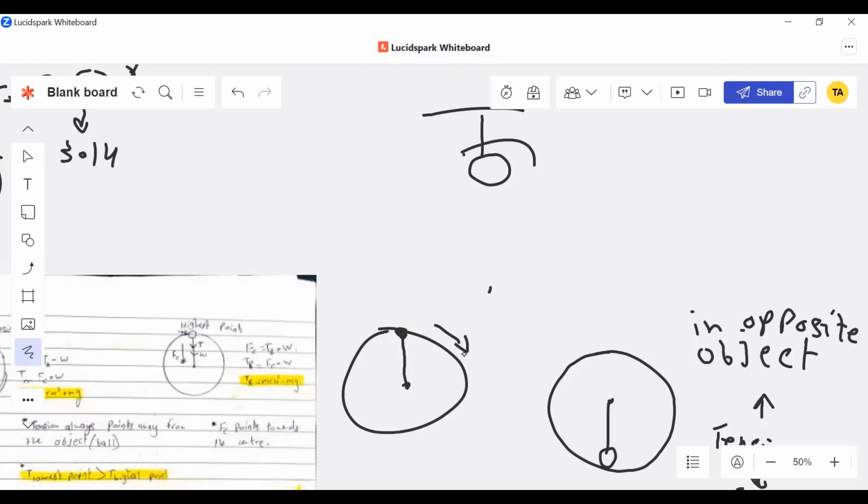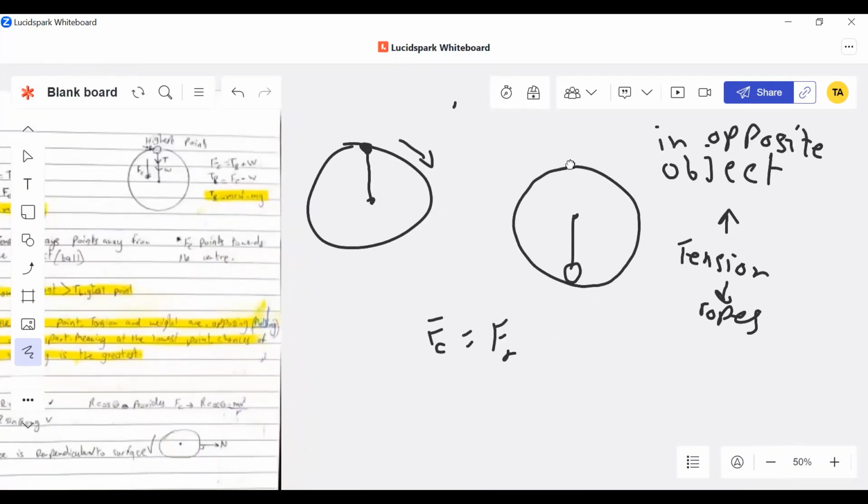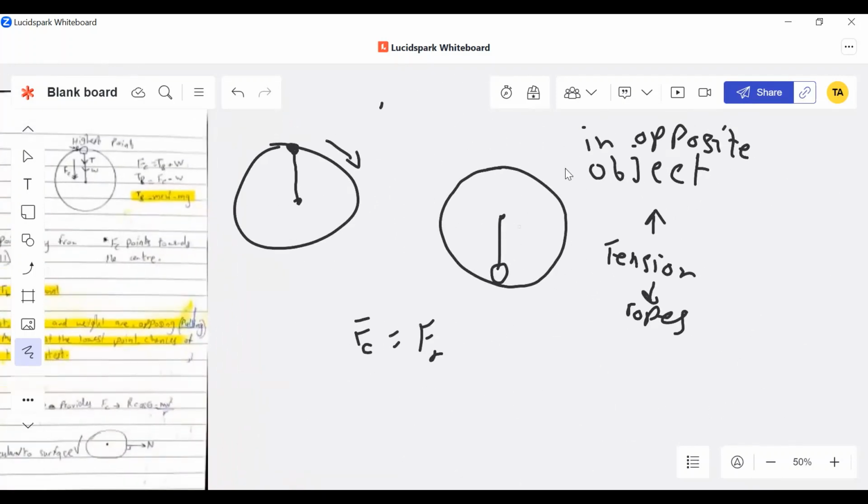In this case, the object is the ball. So tension would not be in this direction, but in the opposite direction. So tension will be upwards. Similarly here, since the ball is right here, tension would oppose the ball, so tension T will point upwards.